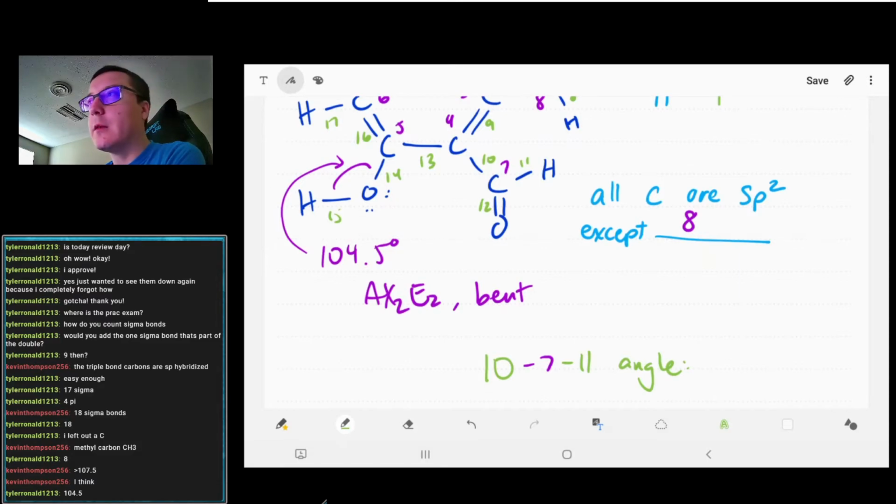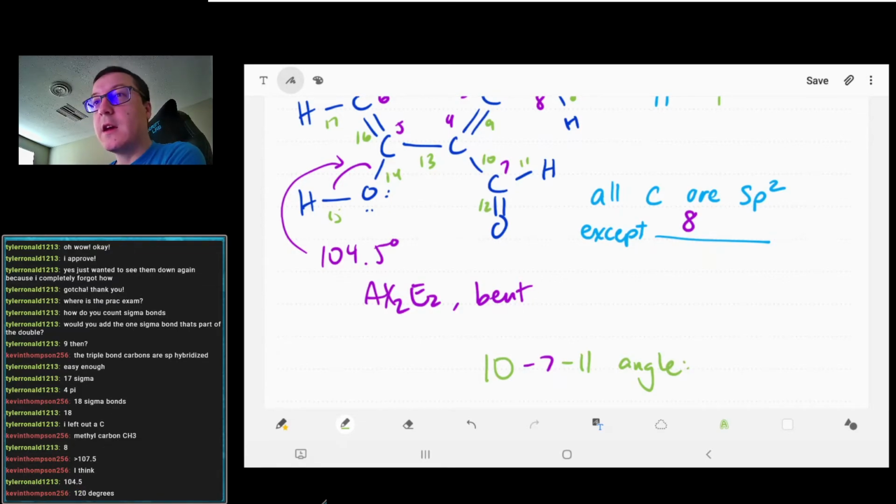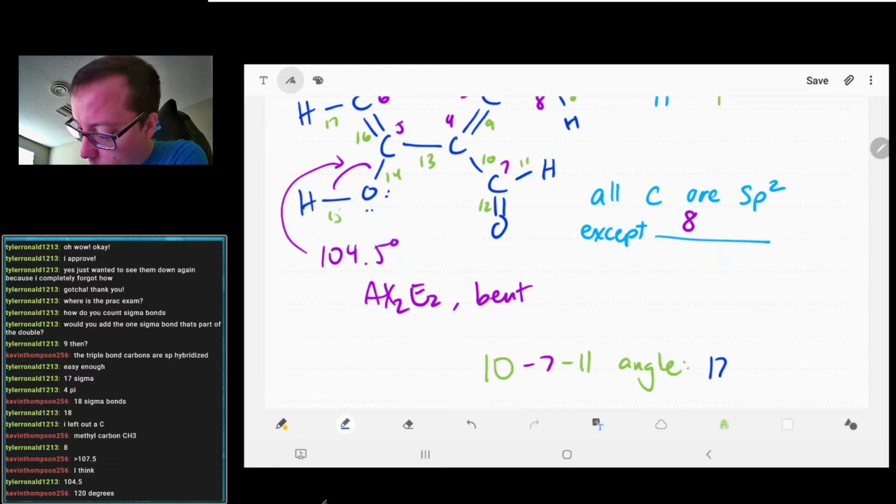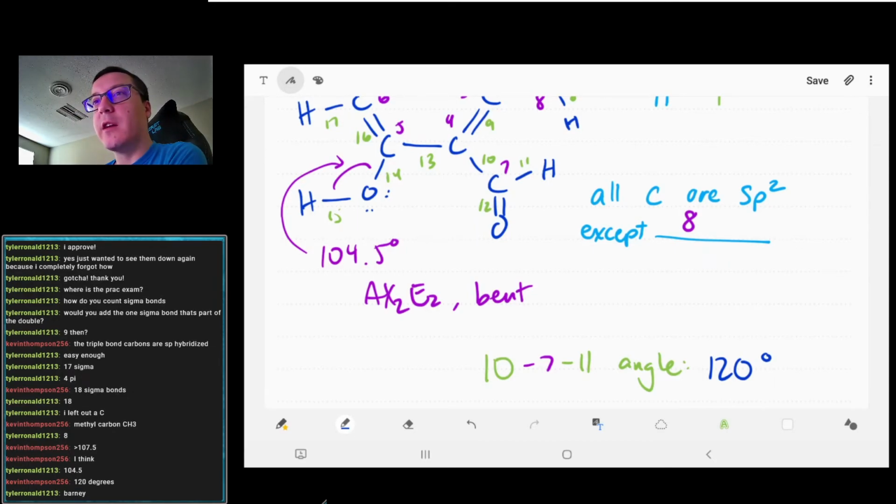Just a way of locating where that angle is. Wow, green and purple is kind of a horrible combination. Yikes. Yeah, that'll be 120, right? Because that's SP2, of course. So it's trigonal planar.